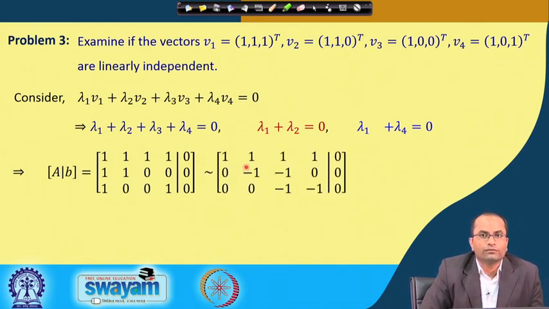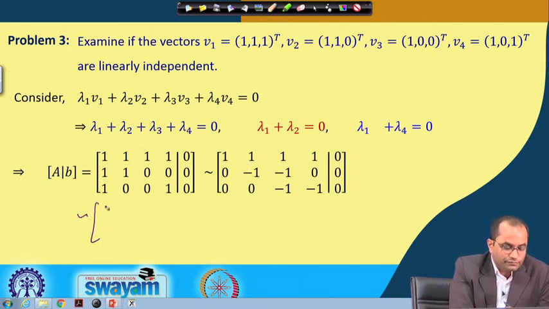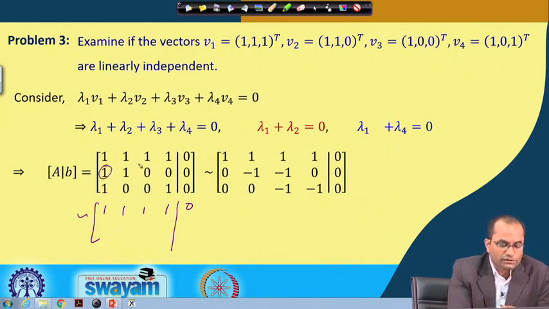Then we can reduce it to the echelon form, which is very simple in this case, because the first row will remain as it is. From the second, our aim is to make this 0. So we will subtract row 1, so R 2 becomes R 2 minus R 1. So this is 0, here 0, minus 1 and 0.